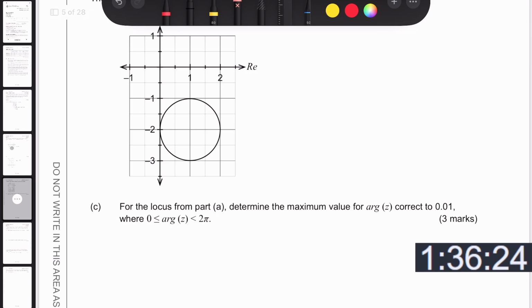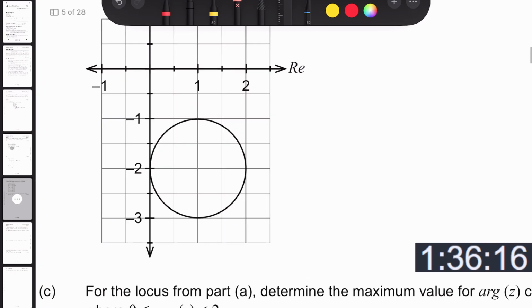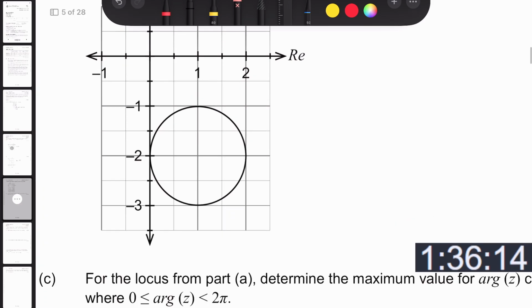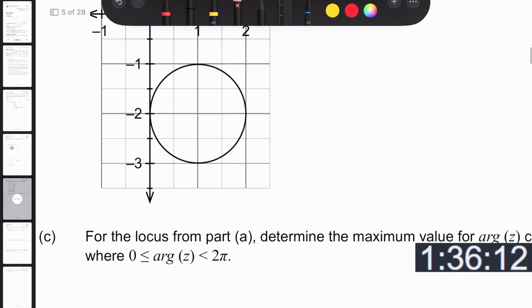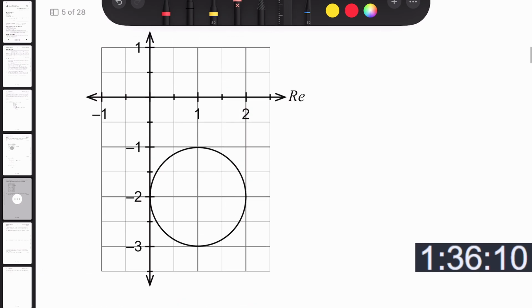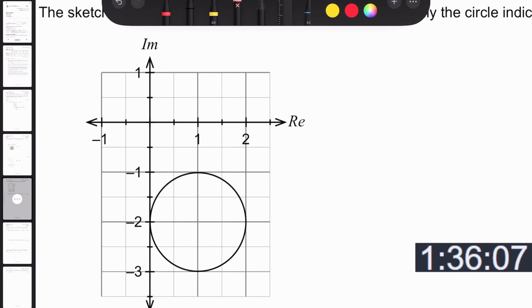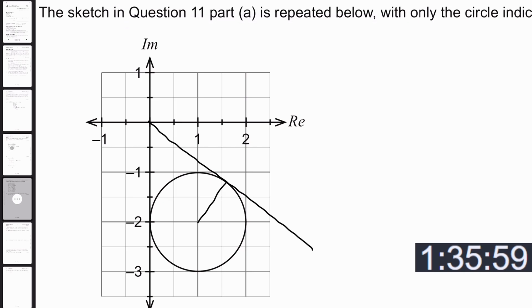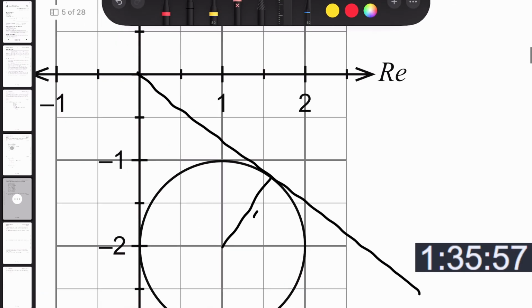For the location, determine the maximum value of argument of z. It's also 0 to 2 pi, so it's going to be some tangent there, and another radius is 1.